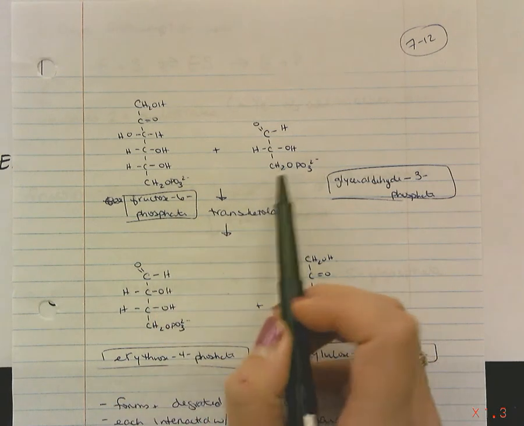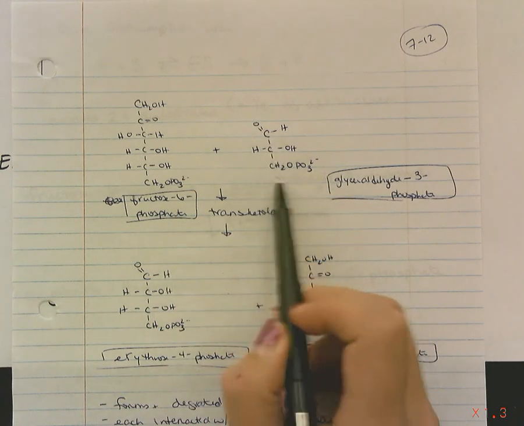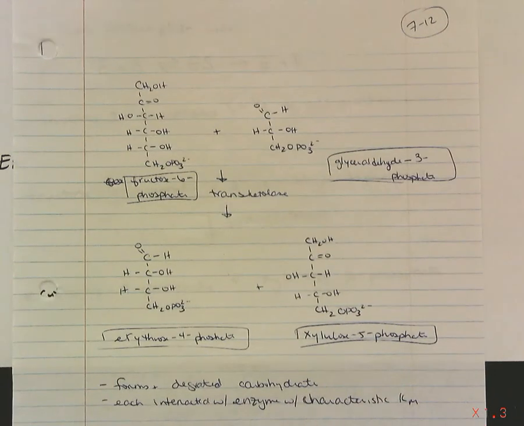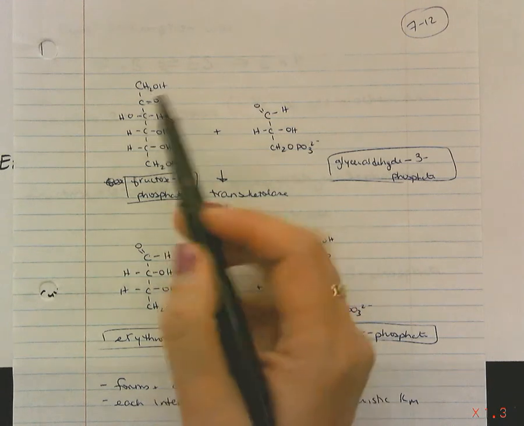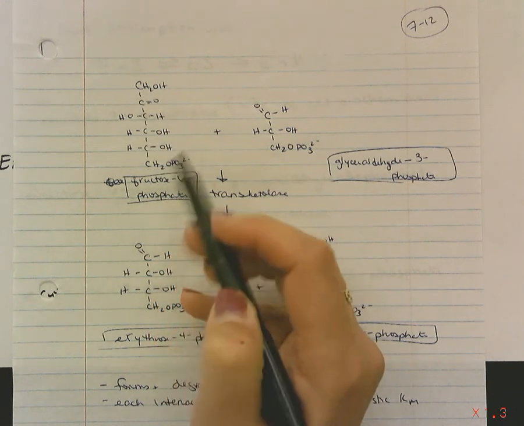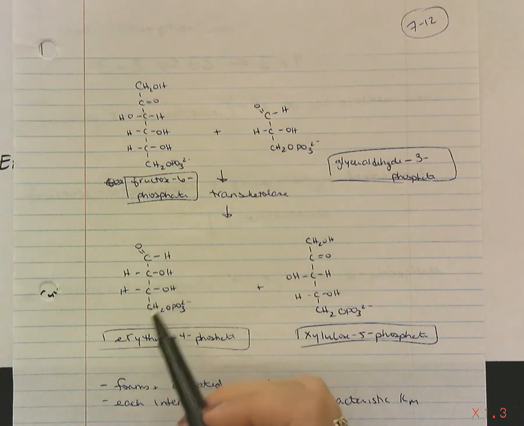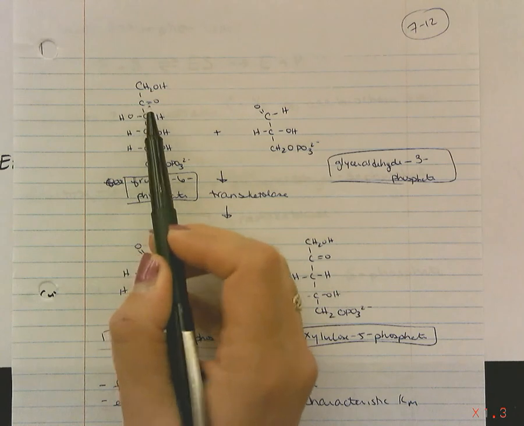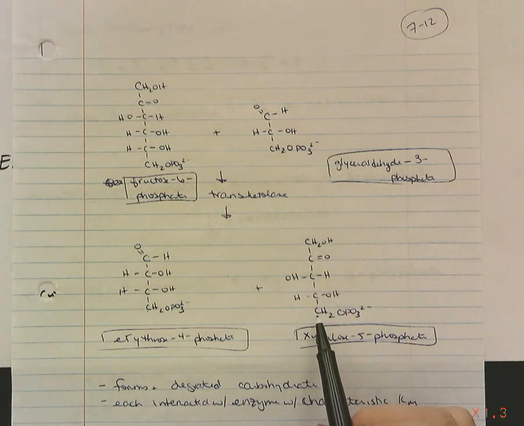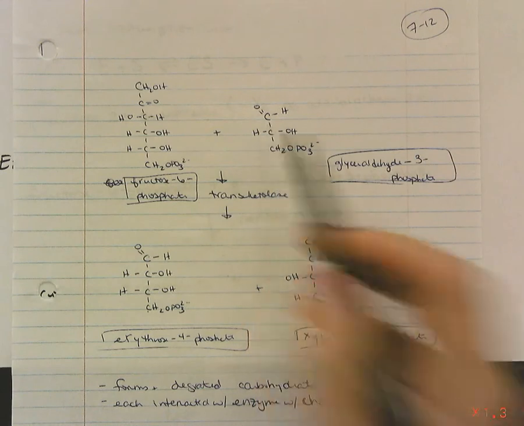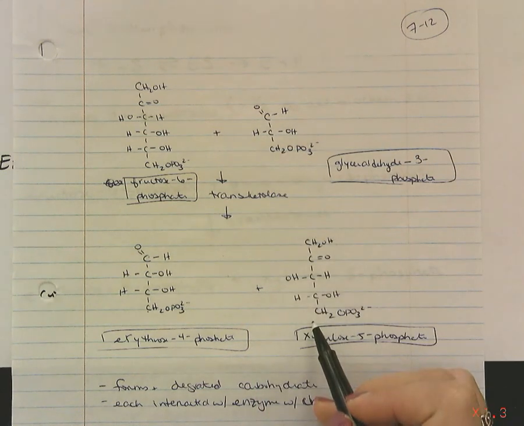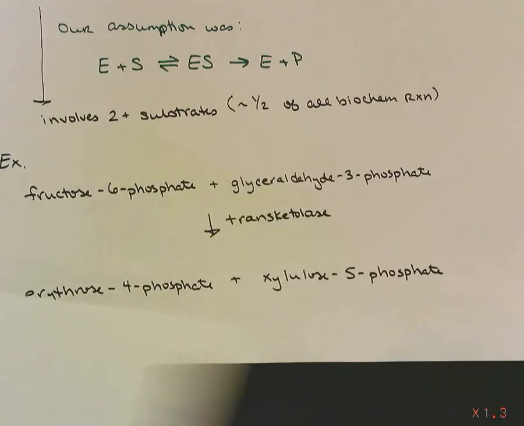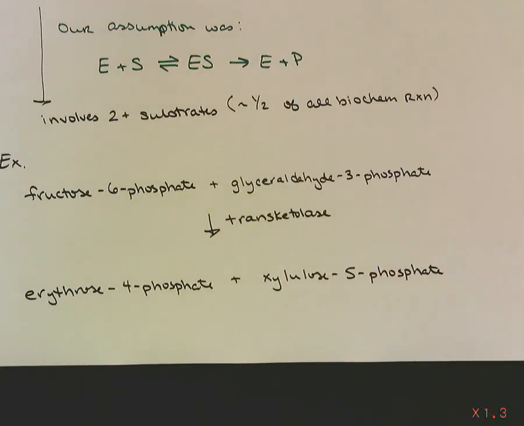Over here I have glyceraldehyde, with the phosphate on the 3rd position, so that's how it's named, glyceraldehyde 3-phosphate. In the presence of transketolase, over here I had 6 carbons with a phosphate. Now I only have 4 carbons with a phosphate. It has transferred the upper portion to the glyceraldehyde, which was 3 carbons and is now 5 carbons long. It lopped off the top part and put it on the next one. That's a transferase's job, where it transfers a functional group.